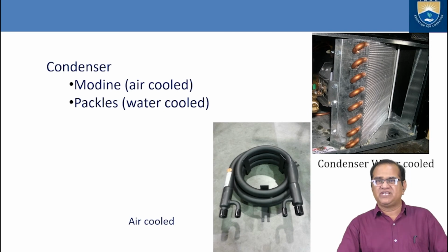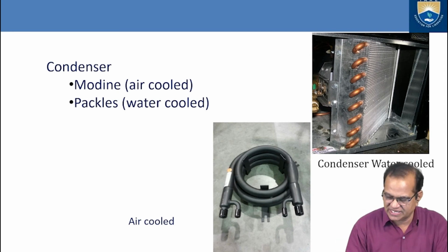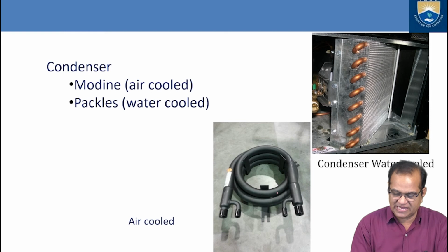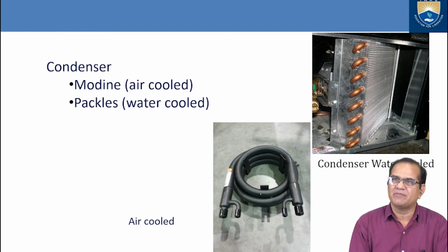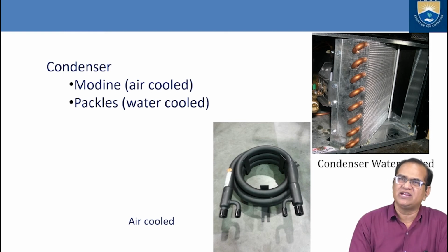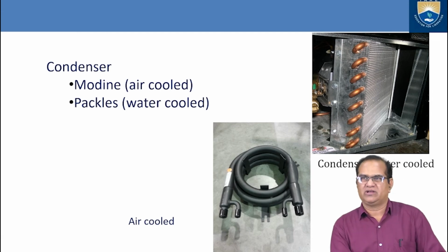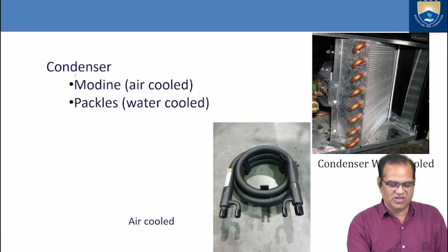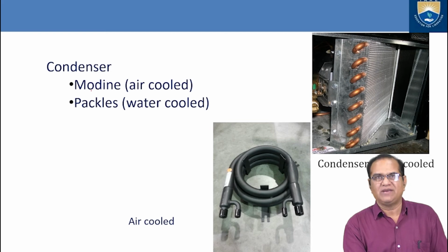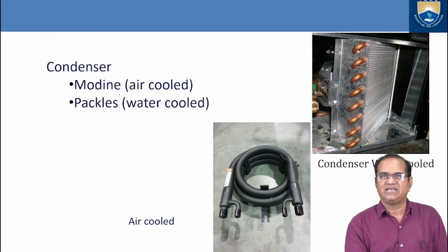Now these are the condensers, water cooled, and here is the air cooled condenser. It is like a pipe. Here you can see it is like a heat exchanger. You might have seen it in our trucks and our cars. So here we have two types. One is Modine, it is called air cooled.